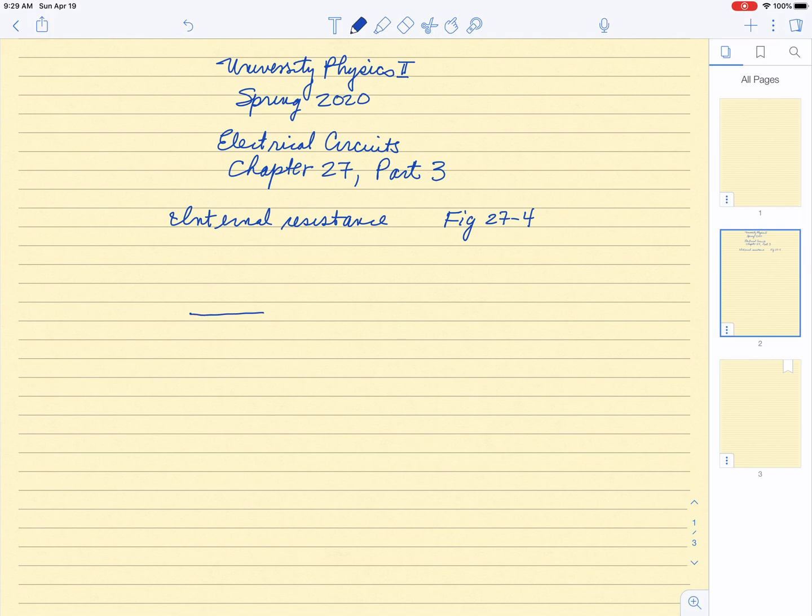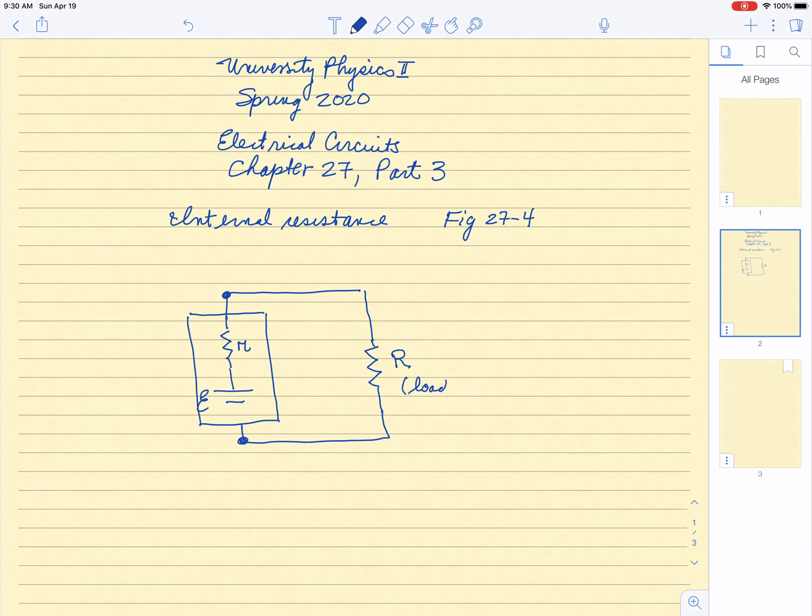So imagine we have a circuit which is made up of an ideal EMF, and then what we have here is an internal resistance I'm going to call lowercase r, and that's going to be connected to a resistance external to the source of potential difference, and we'll call that R. Sometimes this is called a load or a load resistance.